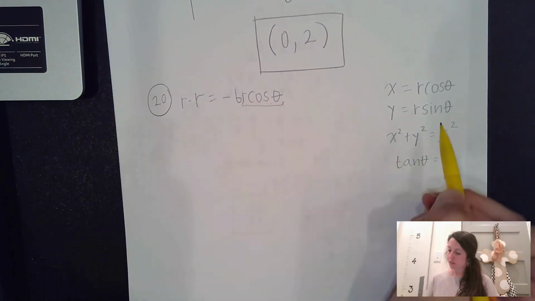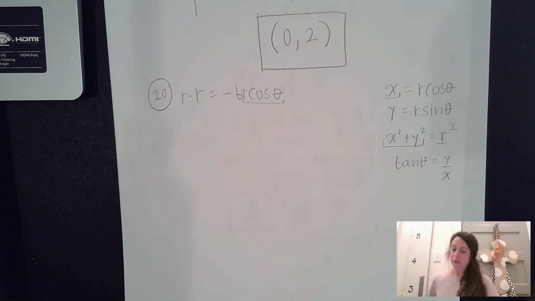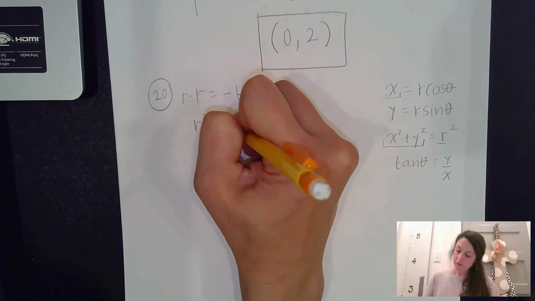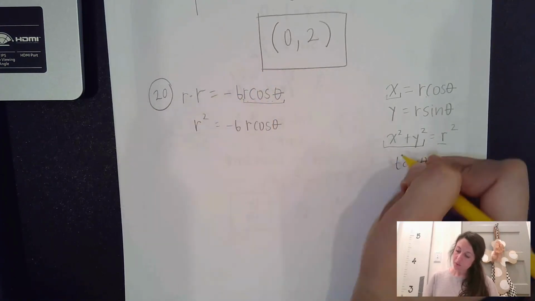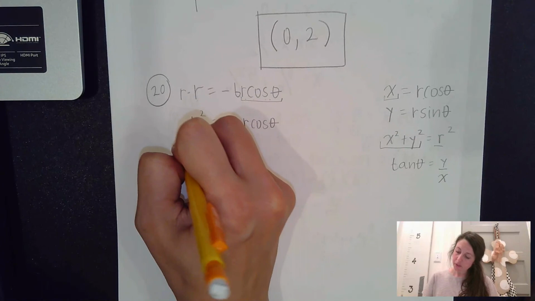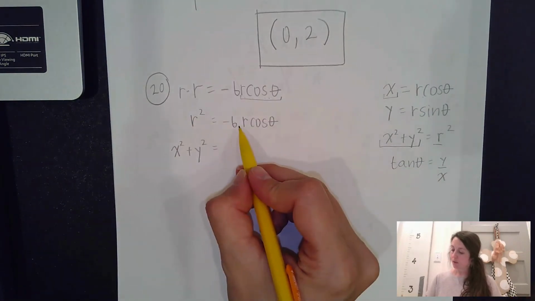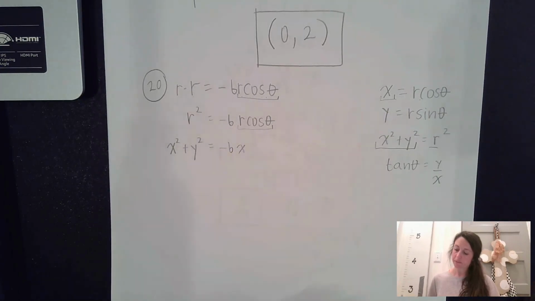So r times r is r squared, and then negative 6 r cosine of theta. I'm going to replace r squared with x squared plus y squared, and this r cosine of theta I'm going to replace with that x up there. And there we go. Now we are somewhat there.